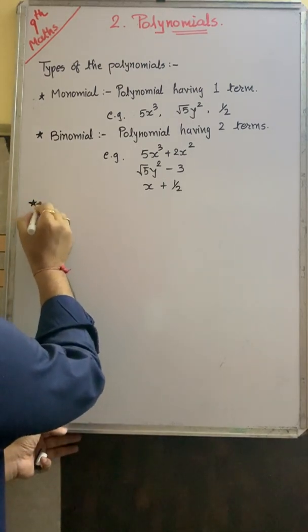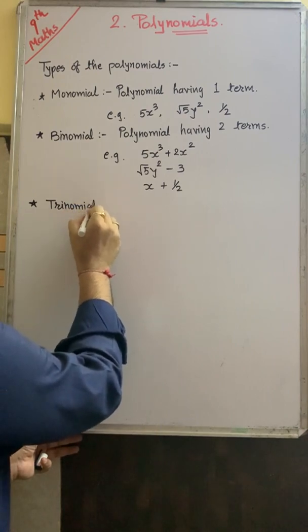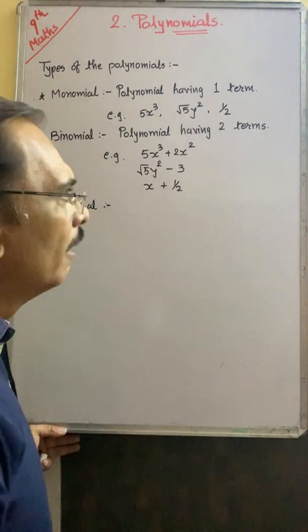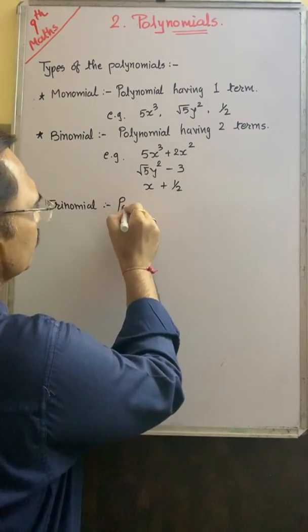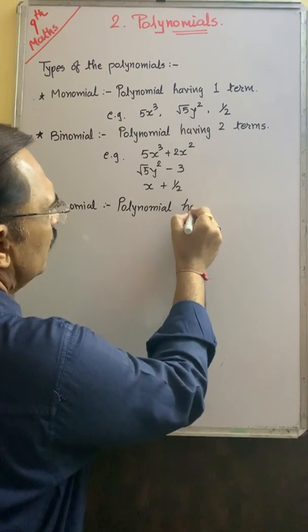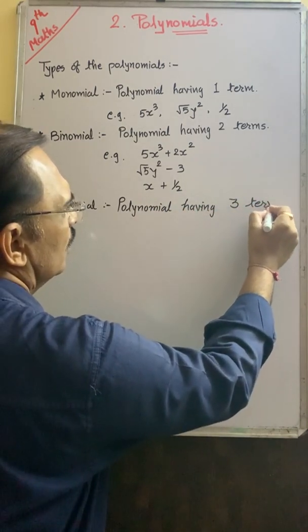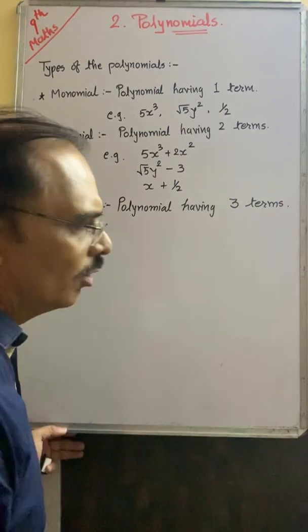Now the third one is trinomial. Now you know what is called trinomial? A polynomial having 3 terms, that is called trinomial.